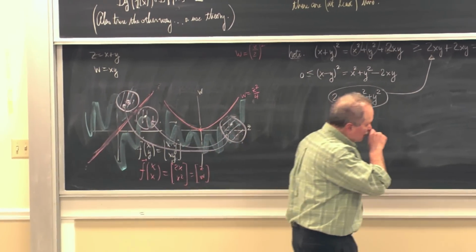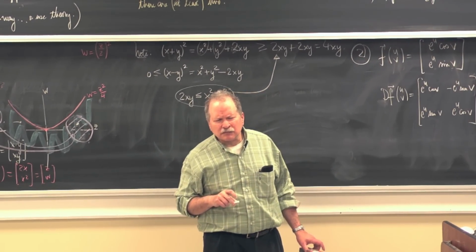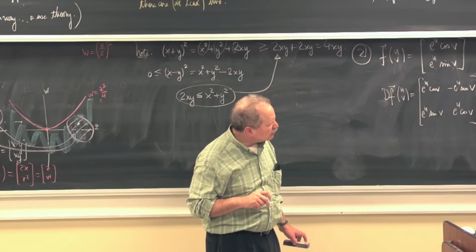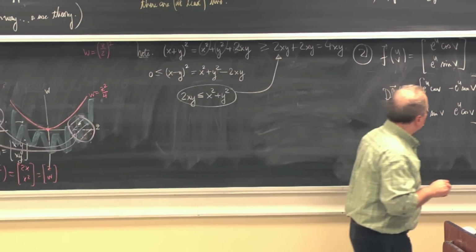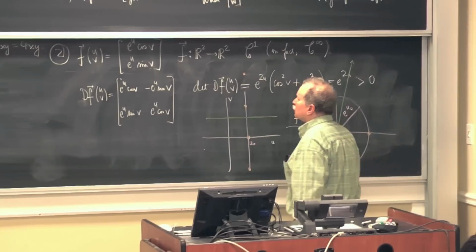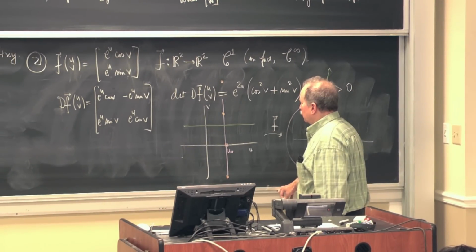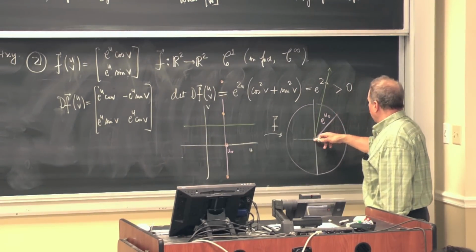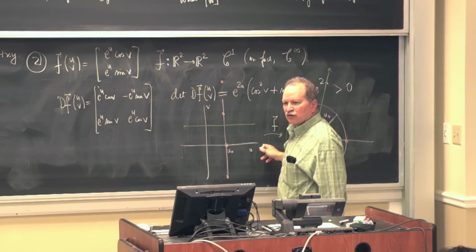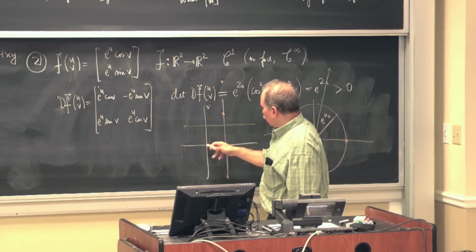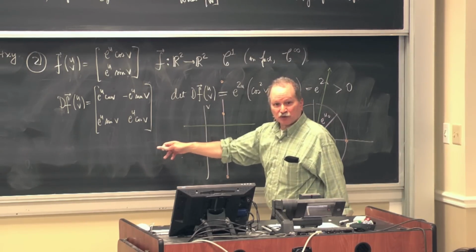What does throwing in the e to the u do? It means the radius goes exponentially with u. When we did polar, you could only define it when the radius was positive. Now I can use u as all real numbers.